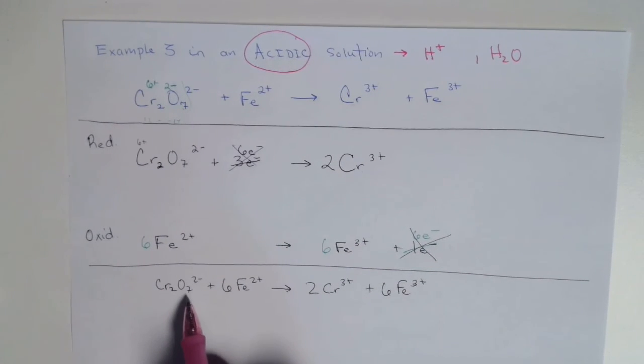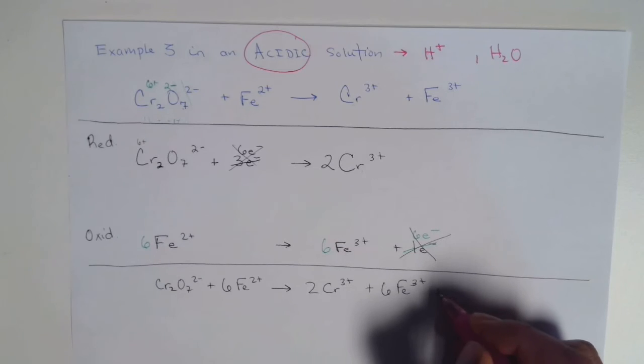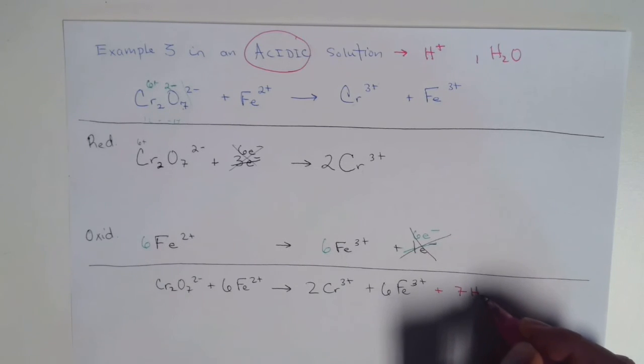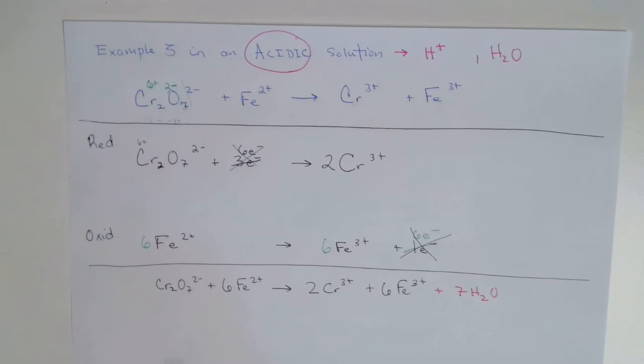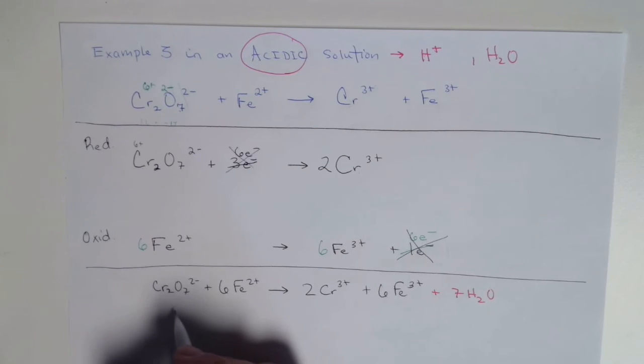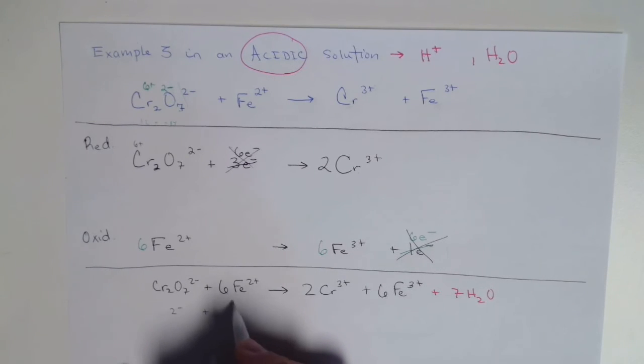So there are 7 oxygens, so I need 7 waters. Okay, that gives me 7 oxygens over here if I distribute that. Okay, now I'm going to go through and look at overall charges. So on this side, I have 1 dichromate at a 2 negative charge, and I have 6 times 2, or 12 positive.